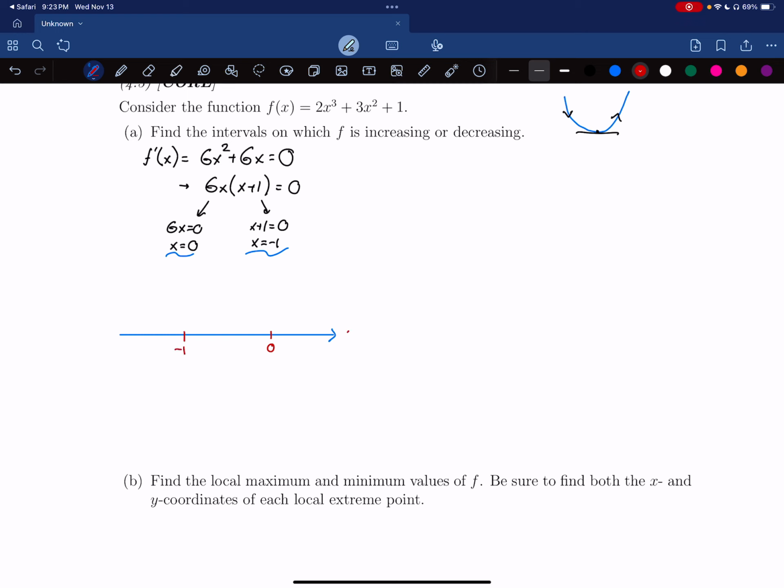And I'll indicate that this is the x-axis. Up here, we're going to be talking about the sign of f prime. And then after that, we'll consider the behavior of f.